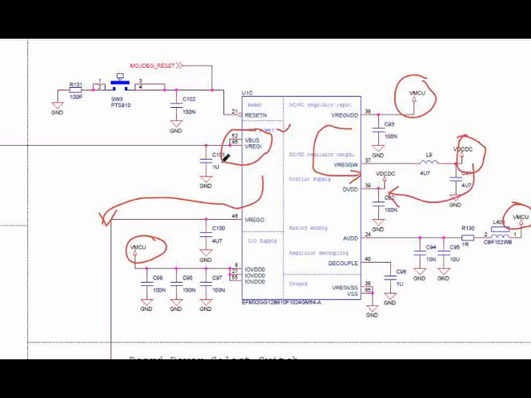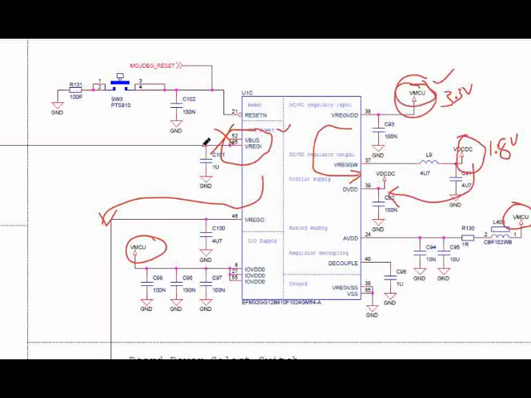These are the basic loops. Now if we don't use this and we majorly use VMCU, in that case it will be a 3.3 volts input, and VDC-DC could be 1.8 volts, which is then fed to the DVDD. So in this case VMCU is powered externally.